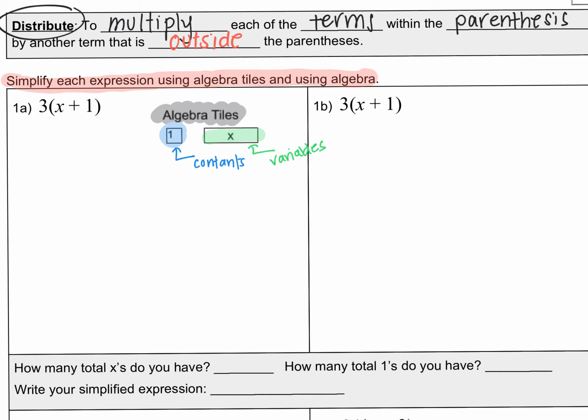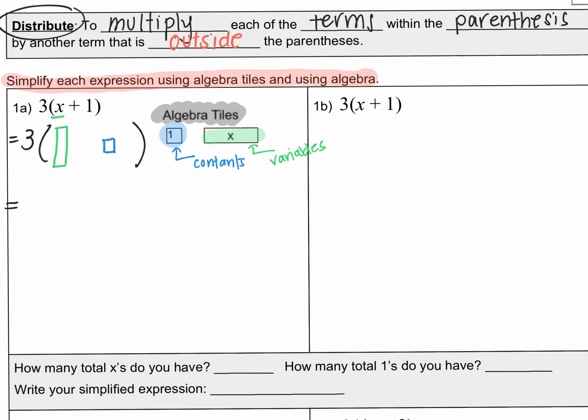So if I'm going to do a problem like 1a that says 3 times x plus 1 using algebra tiles, I'm going to redraw the inside using algebra tiles first. The inside I have x, so I'm going to redraw that as one x piece. I also have plus 1, so I'm going to redraw that as one ones piece.